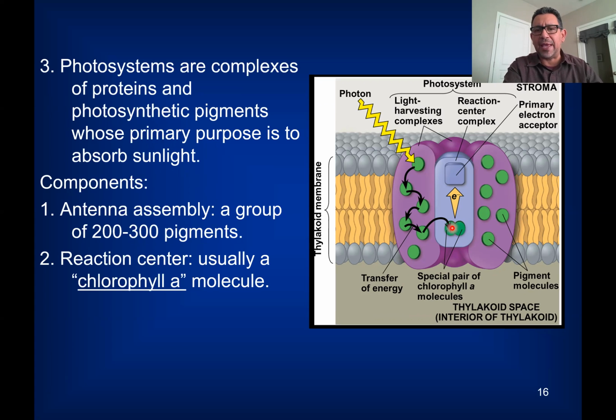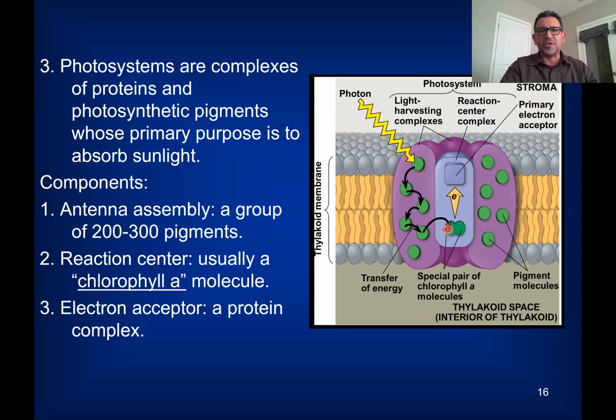There's going to be a pair of modified chlorophyll A molecules known as the reaction center. And in a photosystem, you'll also see a protein complex known as the primary electron acceptor.